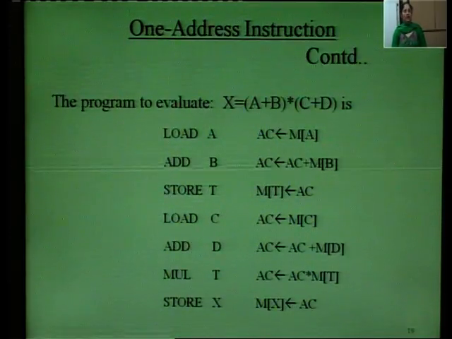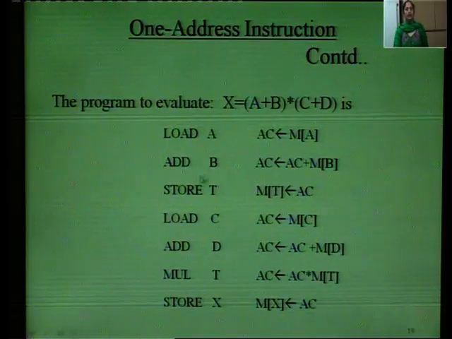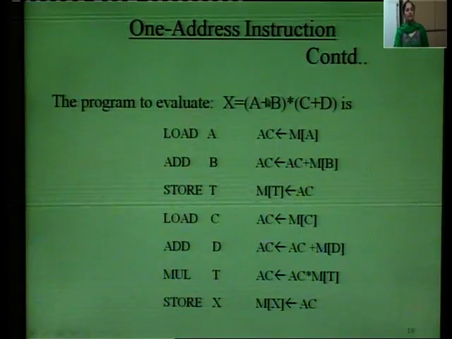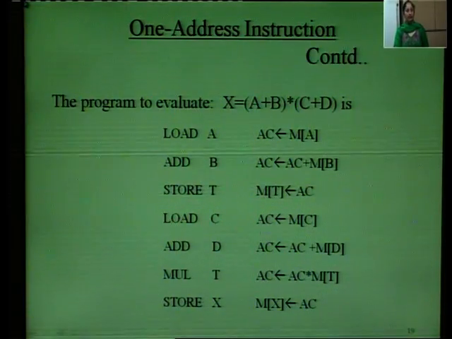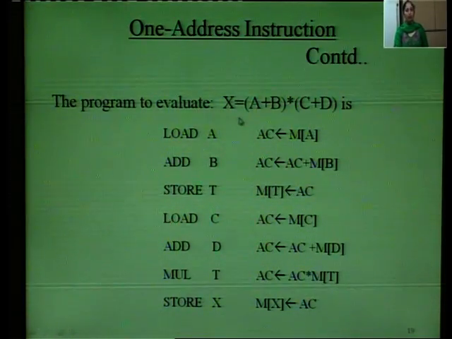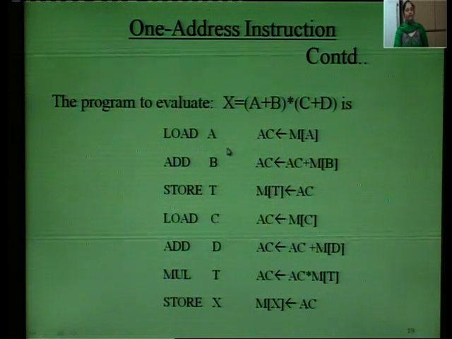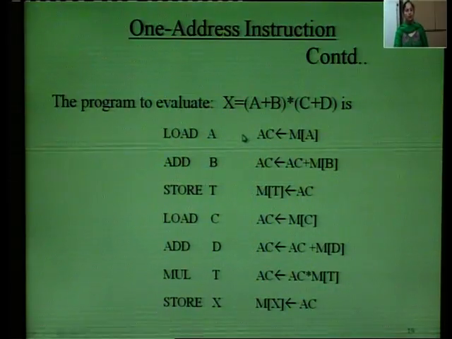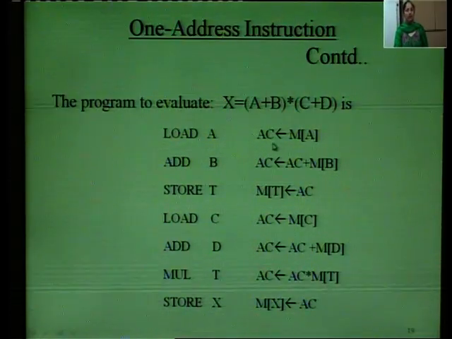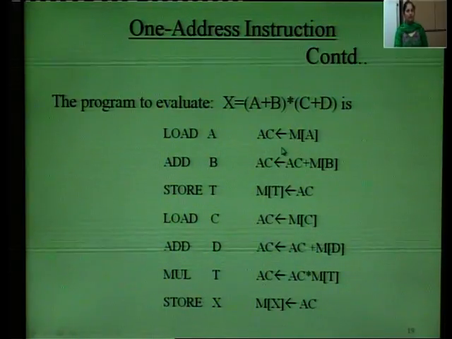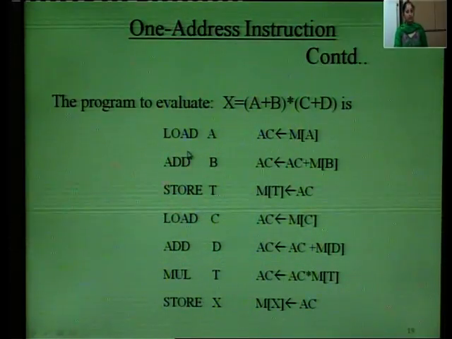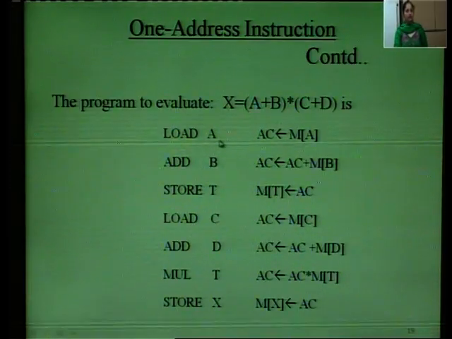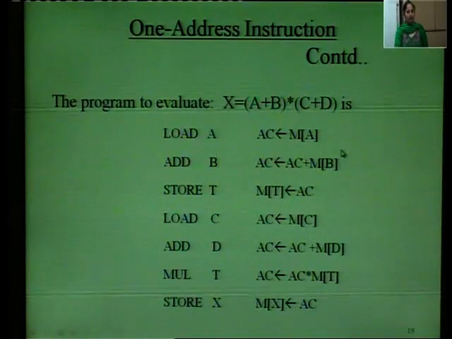First of all, load A, and this data is stored in the accumulator that stores the temporary data. A is stored in the accumulator register when we perform the load instruction, and then add B to what is already in the accumulator.